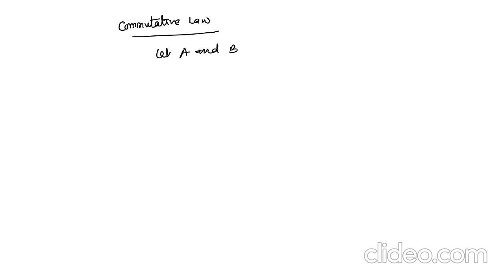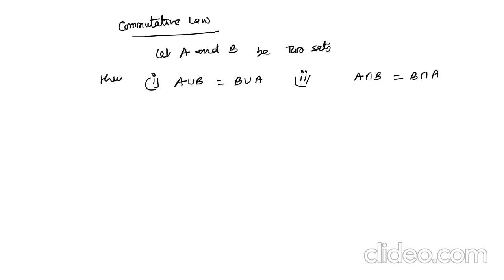Let A and B be two sets, then A union B equals B union A, and the second part, A intersection B equals B intersection A. So you have to remember these and try to solve as before.